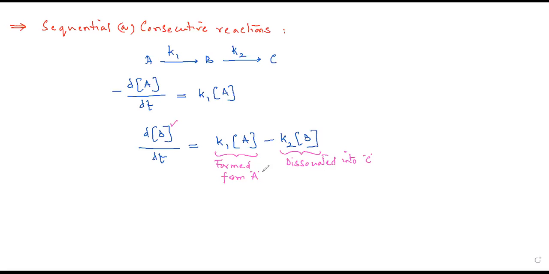Or the one that is reacting. Next, coming to C, it can be written as K2 into B, formed from B. It is not dissociating into anything. Suppose you have C giving rise to something like D, then it would have been minus K3 into C, right? So this is interesting.